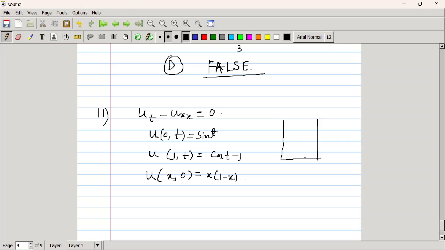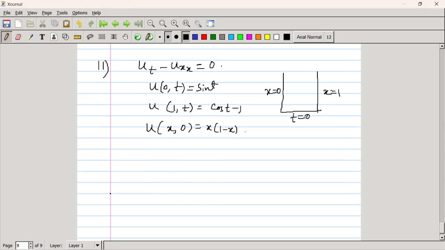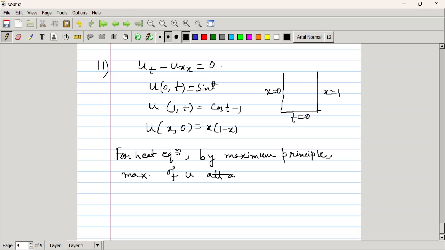This is my boundary: this is x equal to 0, this is x equal to 1, and this is t equal to 0 initially. So you have to find the maximum value of u. So by the maximum principle for the heat equation, the maximum of u attains at the boundaries.